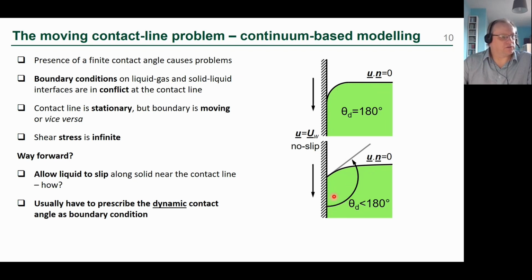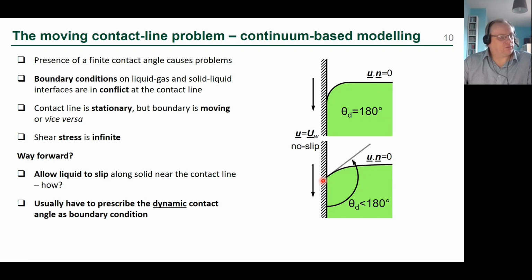So we've got a finite contact angle here, which is usually the case. We have a problem then, because we can't satisfy both this kinematic condition of a 0 normal velocity and this no slip condition at this point, because we don't really know which boundary that point should lie on. It's on the moving solid, but it's also on the interface, and we don't have a well-defined normal at this point.